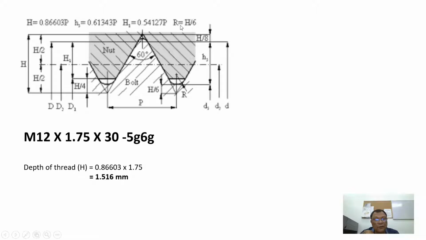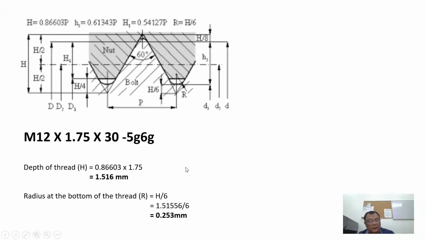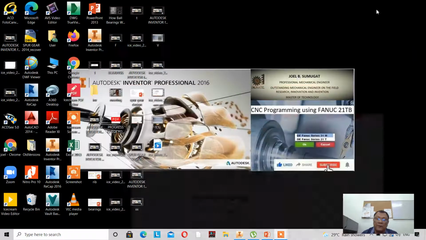And then we can compute also for the radius at the bottom of the thread, given by H over 6. We have already a value of H here, we divide it by 6, and we have 0.253. Okay? So these are the data we need to draw a thread.